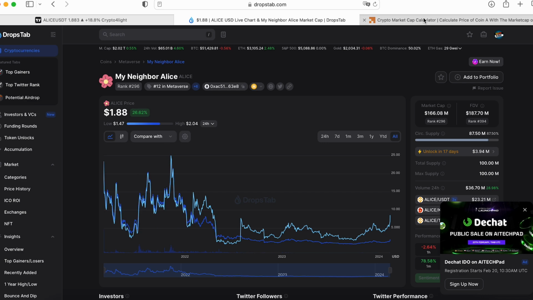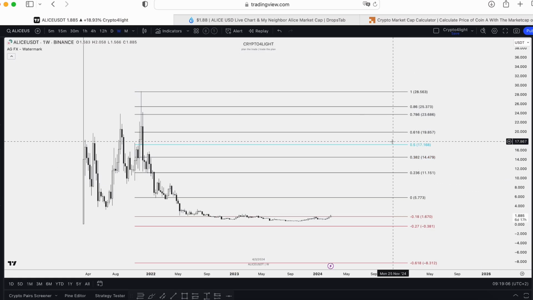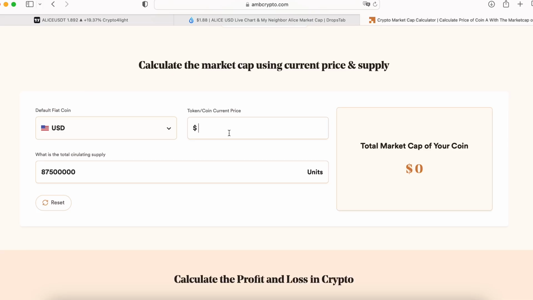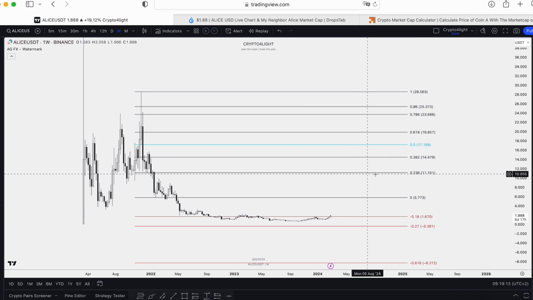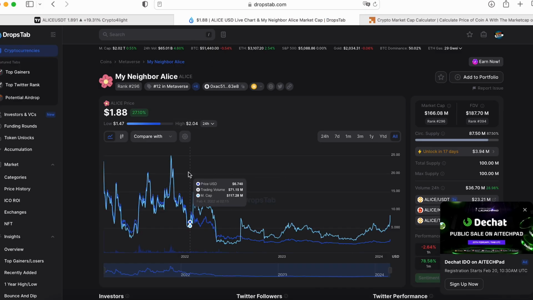Now we go into this calculator, take a look. With only a correction to $17, we will see 1.4 billion. And yes, maybe it's going to be the end of the bull run for this token. Absolutely possible. So the market cap will be 3 times bigger than it was here at $23.